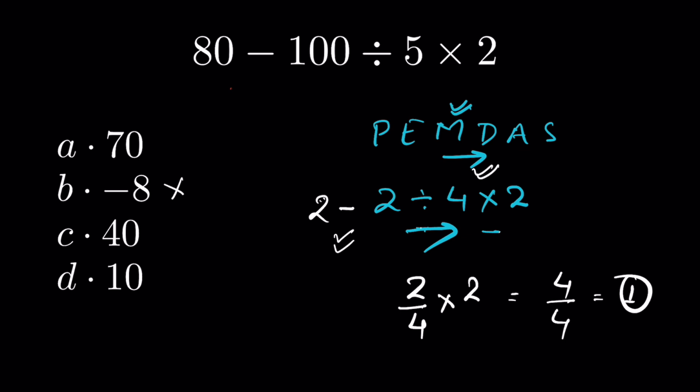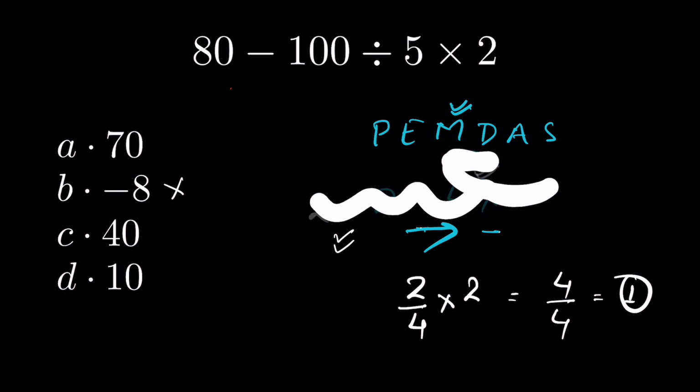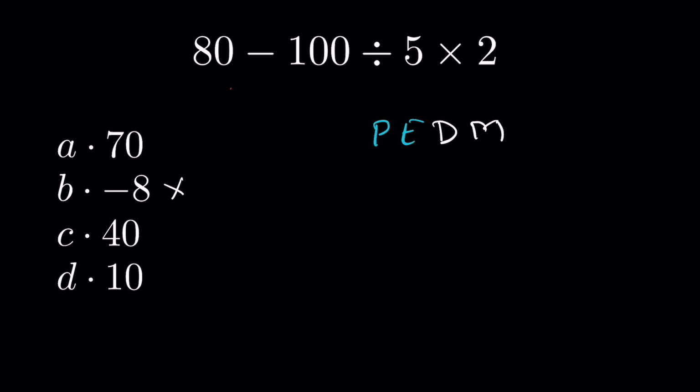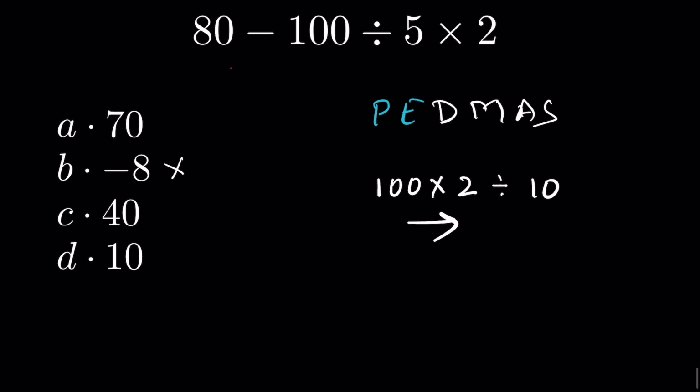Division and multiplication will always have priority over subtraction or addition. Consider you are following Pedmas. In Pedmas, D is written first and then there is M, and you have a question like 100 times 2 then divided by 10. In that case, from left to right, we have multiplication first. So we will do multiplication first even though D is written first.